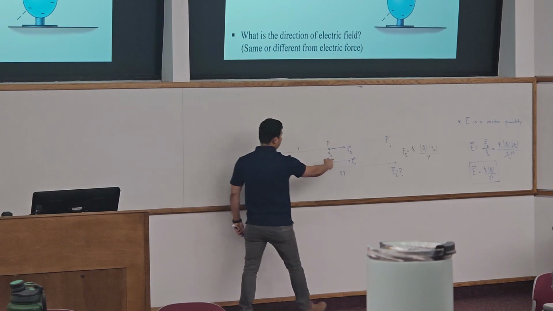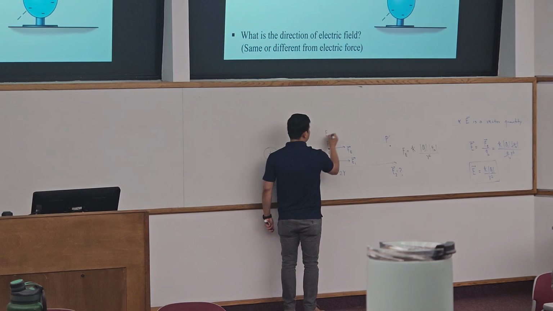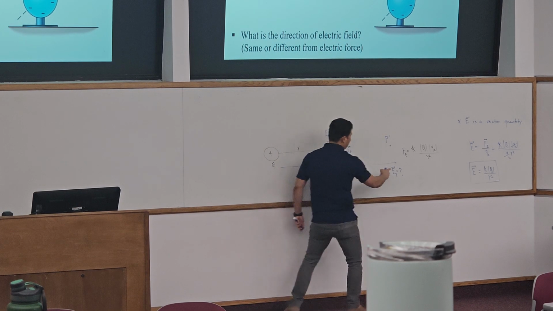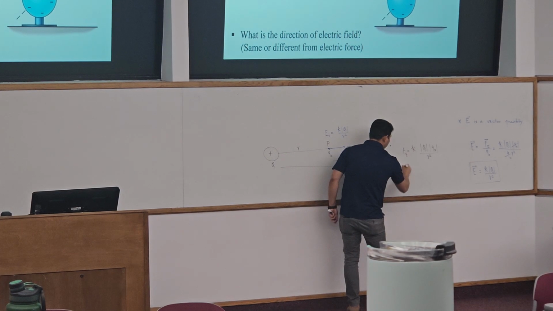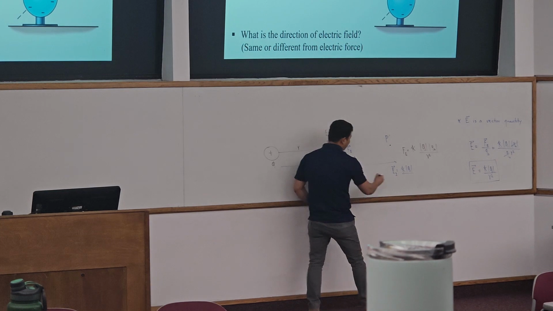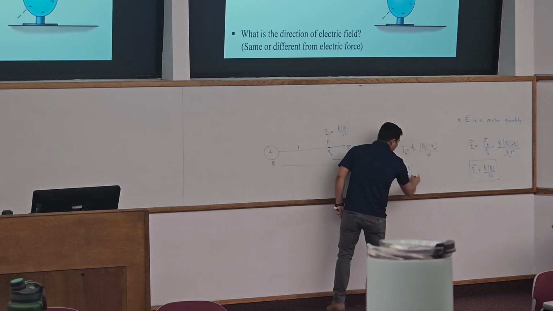So if I have the electric field over here, E1 is, according to this formula, kq over r square. Over here it is going to be kq over the distance, which is now 2r. So (2r) square.